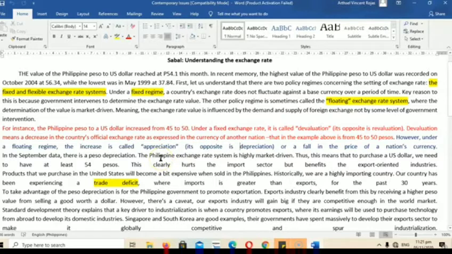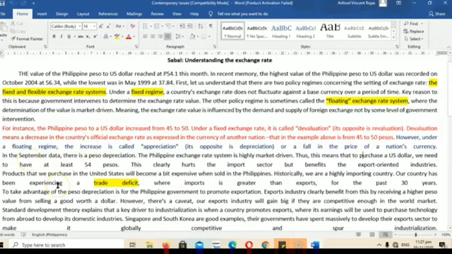That means we are paying more to obtain the dollar. So is this advantageous or beneficial for our country or economy? Here, we need at least 54 pesos in the September data. This September data was last year.